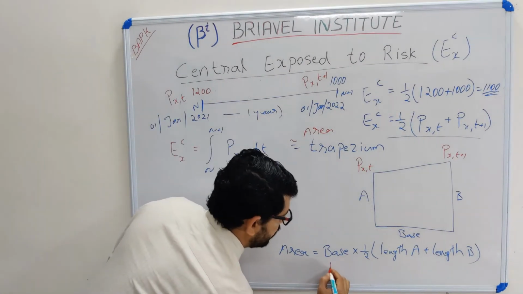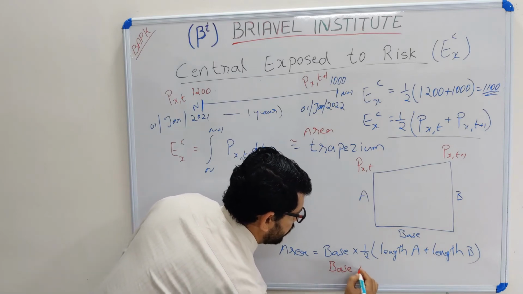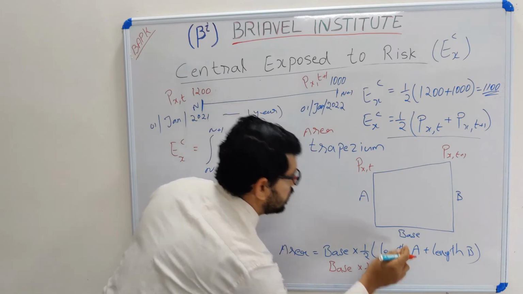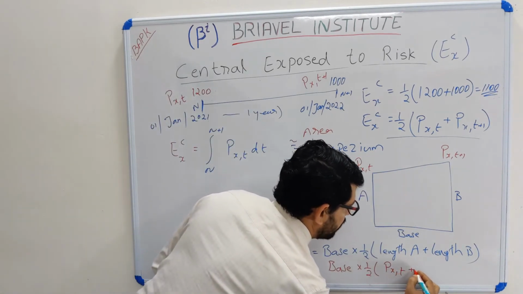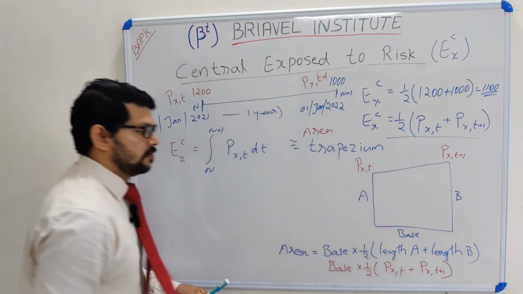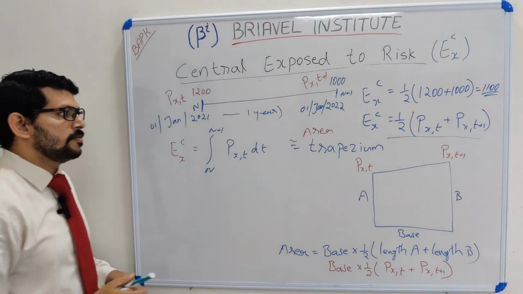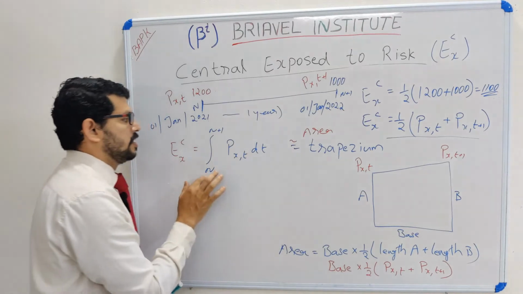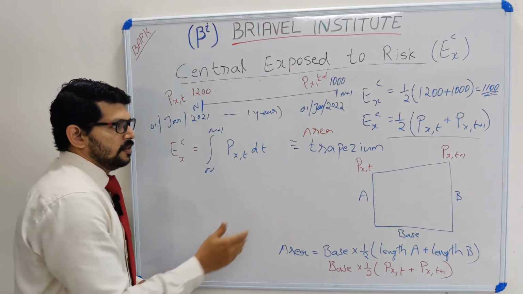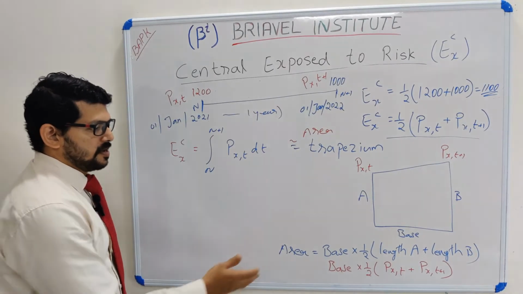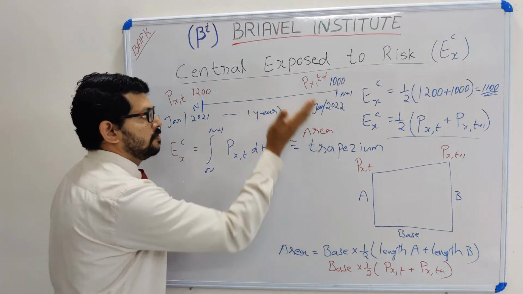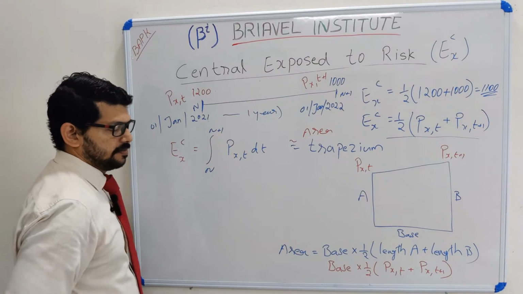So base is very important: base into 1 by 2 of P of h comma t plus P of h comma t plus 1. This is our equation for the approximation of the integral from n to n plus 1 of P of h comma t dt. We will solve one problem to understand this equation and how to apply it in our calculation.